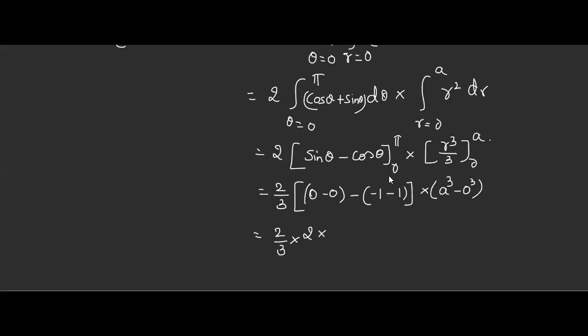Am I right? What is a cube minus 0 cube? A cube. So altogether 2 2s are 4. The answer, the line integral is 4a cube divided by 3.